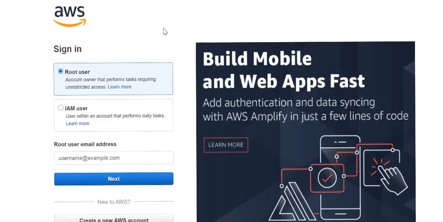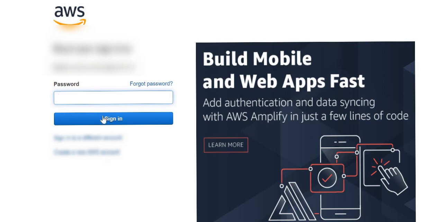Just now we have created, so it will come log back in. So root user, IAM user. Root is your admin account, so you have to go with root user only, and enter the email you created it with before. Then proceed with next and enter your password. Proceed with sign in.